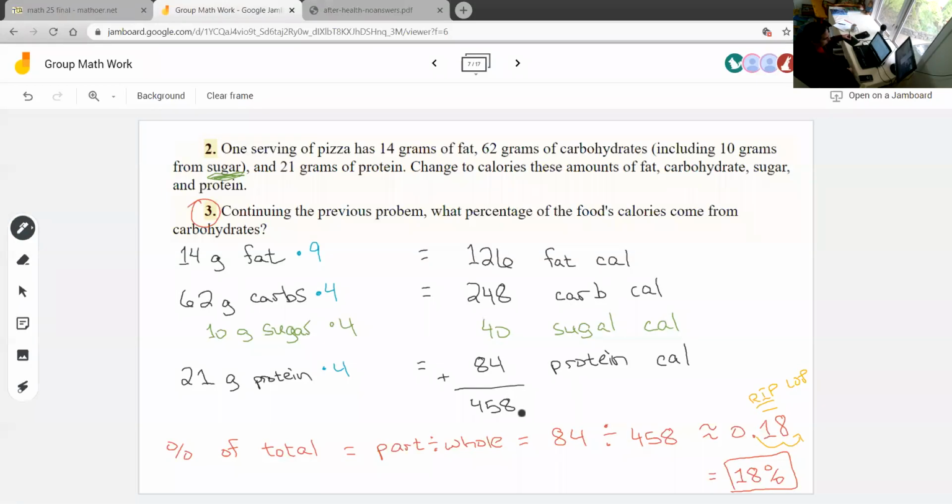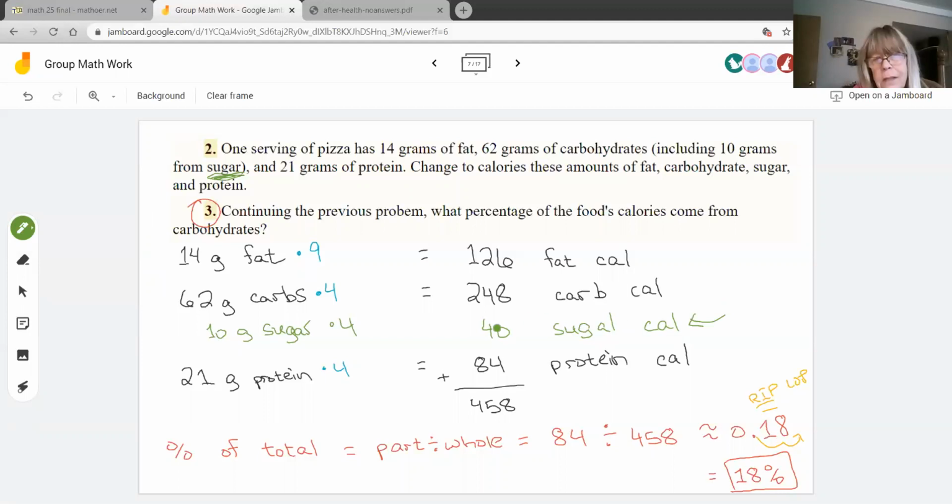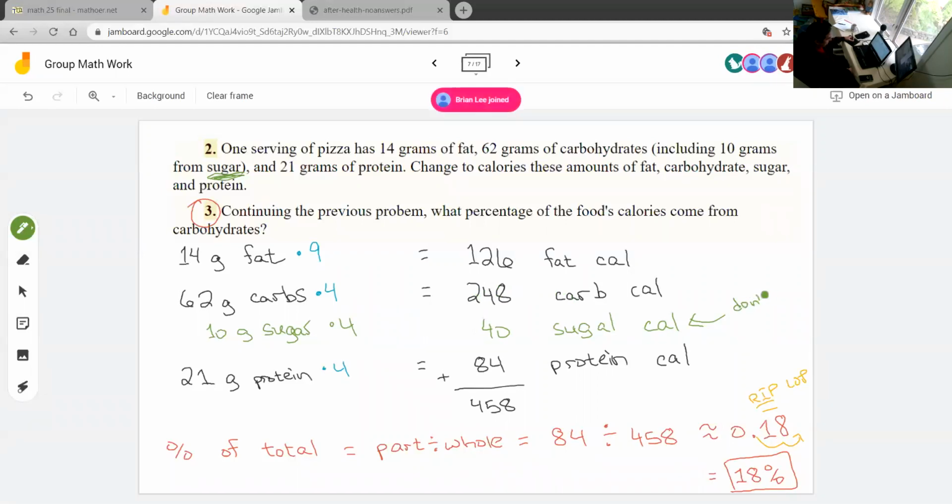Why not? Because it was counted already. We don't want to double count it. It's part of the carbs. It's already in the 248. That's why I saved it for last, because otherwise when I did the total, someone would be confused because the 40 there, we're just skipping over it.